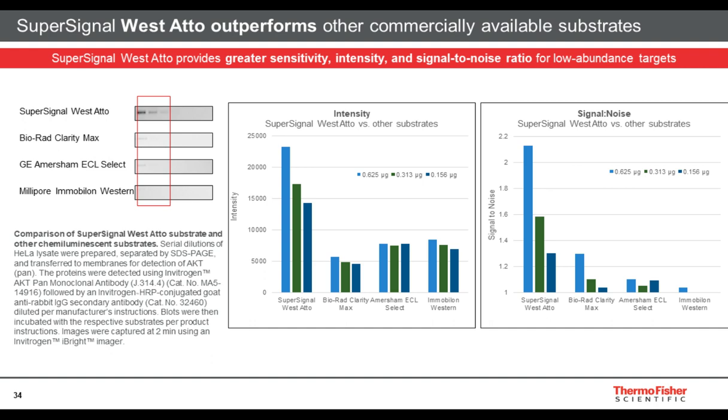When we compare using SuperSignal West Atto to substrates provided by Biorad, GE, or Millipore, we can see the increased overall intensity and signal above background advantages that SuperSignal West Atto can provide. This signal is especially important in Western blots looking to detect very low amounts of target protein or very dilute samples.